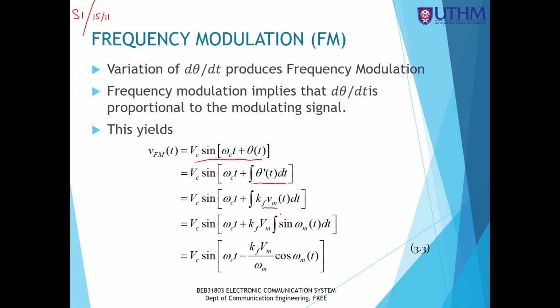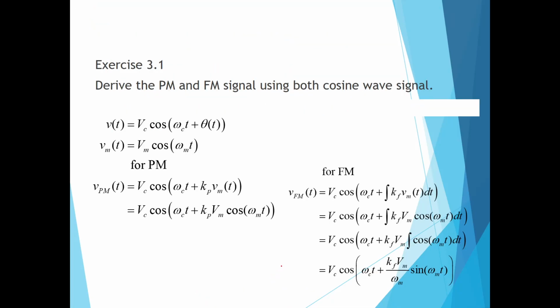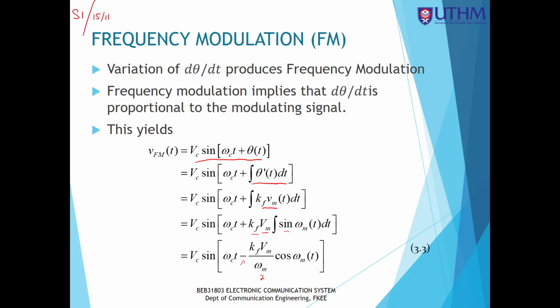Vmt is Vm sine omega mt. Vm is a constant value, Kf is also a constant value, so you can put them outside, and do the integral of the sine function. The integral of sine gives you negative cos over omega m. This omega m is actually 2 pi fm. Remember omega is 2 pi f, so this is 2 pi fc. So you get the general equation for frequency modulation.